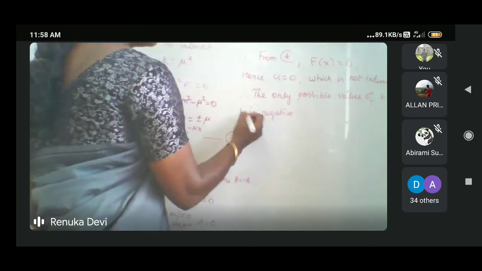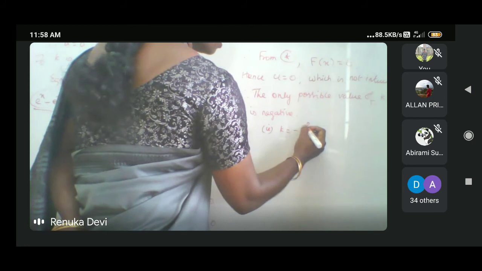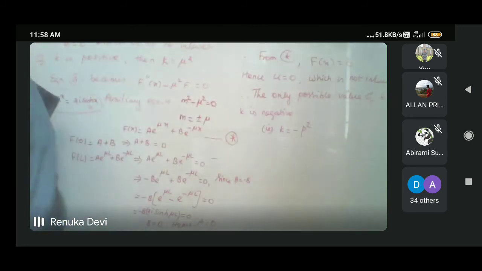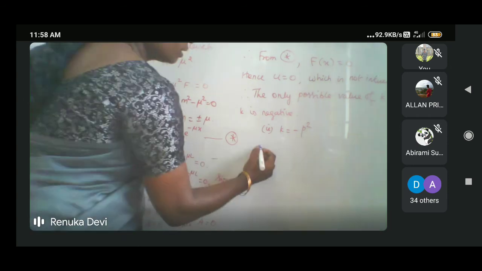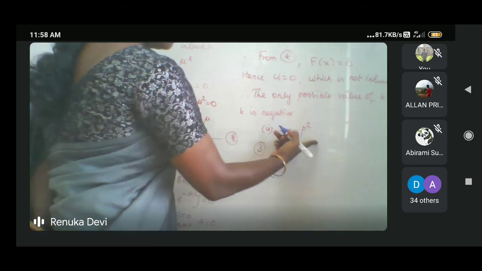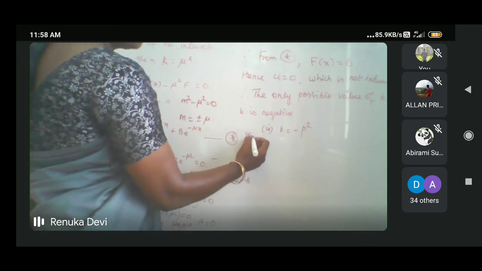K is negative. That is k equal to minus p square. P square means it is positive, and I have put a minus. Therefore k must be negative. Now we have found what k is, so this is step 2: we are solving the equation.